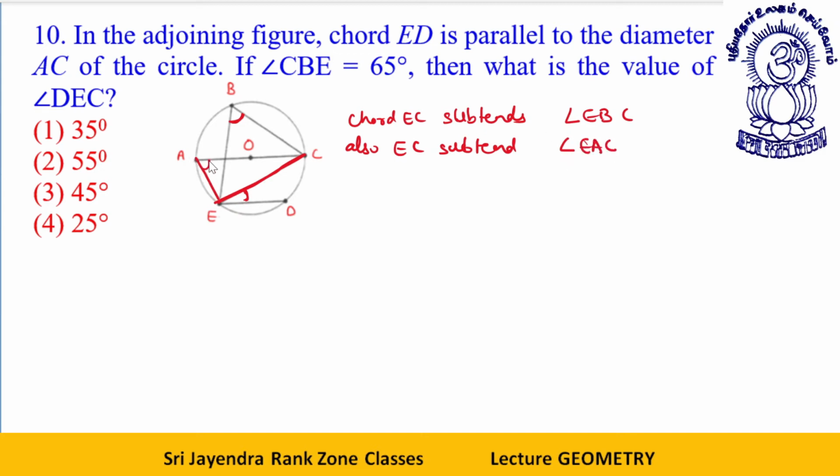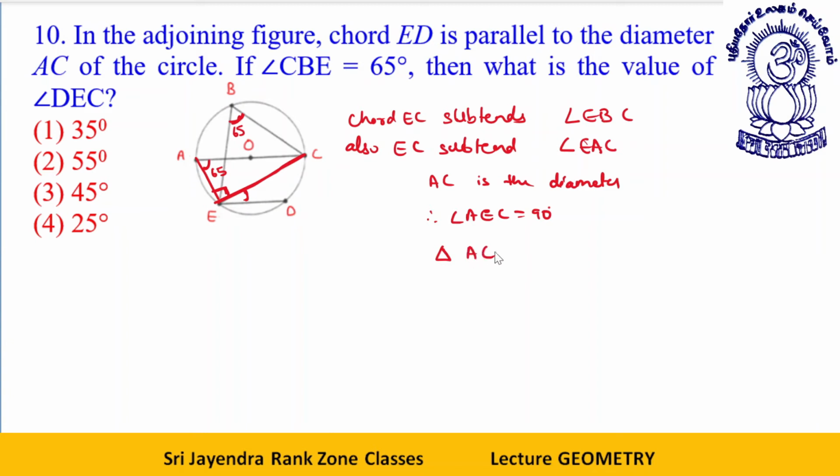So these angles will be equal. If this angle is given to be 65 degree, this angle will also be 65 degree. Now, AC is the diameter. If AC is the diameter, this angle will be 90 degree. Therefore, angle AEC is equal to 90 degree.